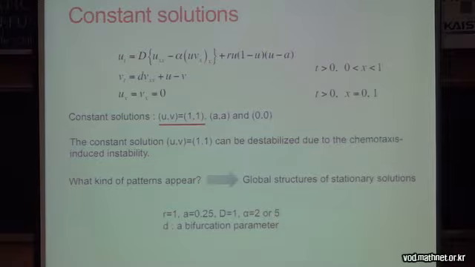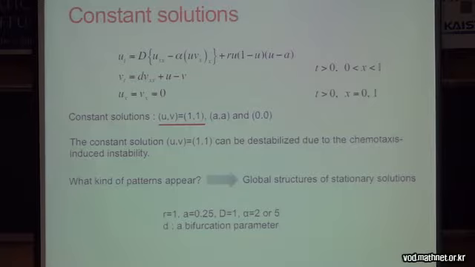But if we add this term, the constant solution (U,V) = (1,1) can be destabilized due to the chemotaxis-induced instability. This means some pattern appears because of the instability.